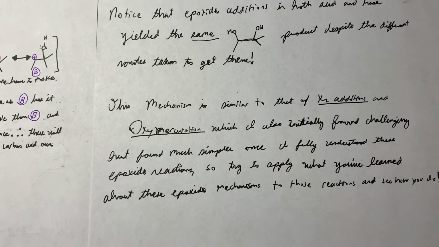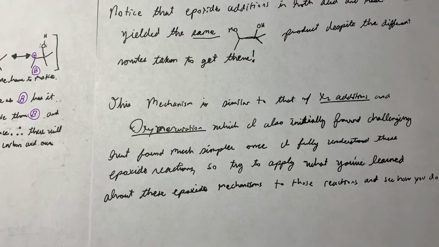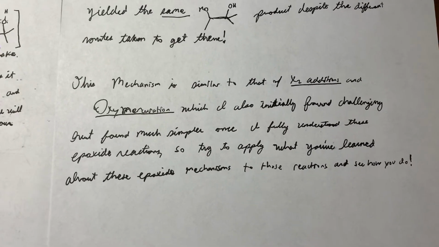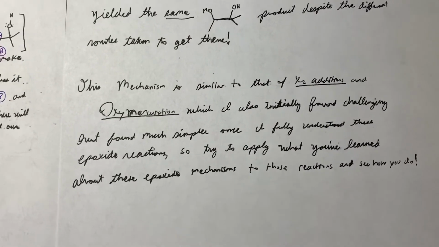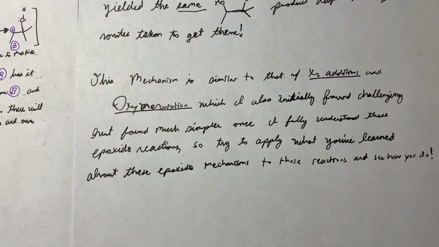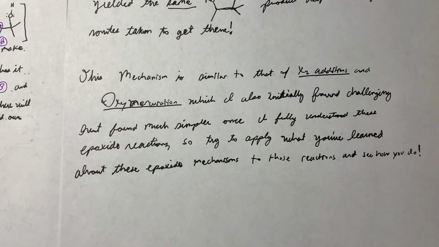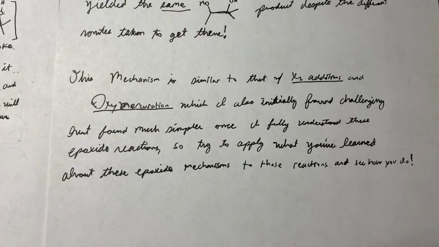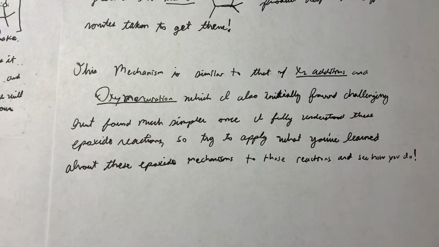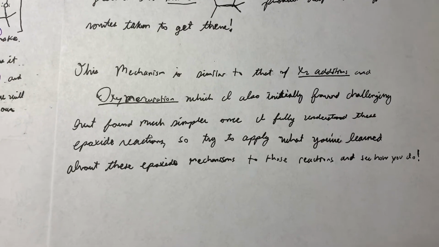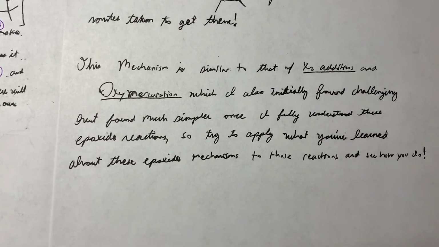And if you're able to do all of those without any help, then great. You've got it. You've memorized everything. Not only do you not have to worry about the epoxide mechanisms anymore, but you also will have understood these. And so this could be a great test for you to make sure that you understand everything.